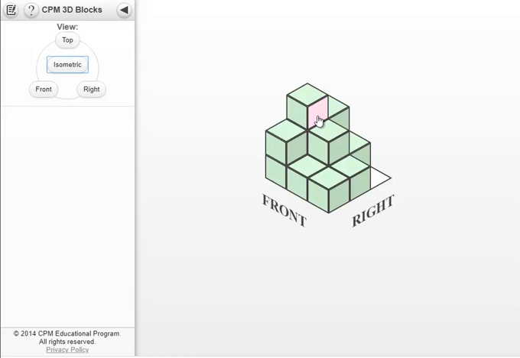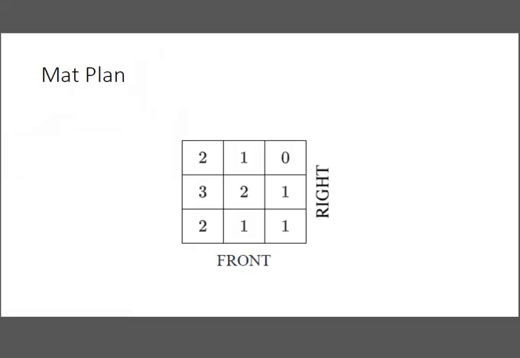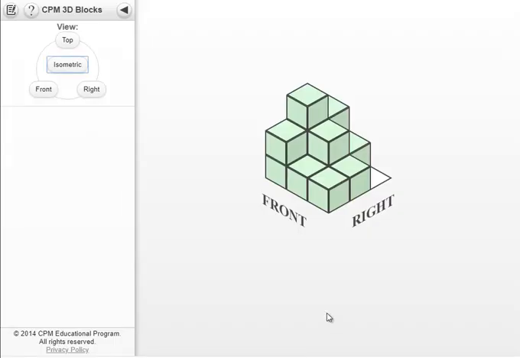So one way we can make this a little bit simpler is we can develop what is known as a map plan. A map plan takes a three-dimensional shape and pretty much puts it in top view, okay? If you think of what we were looking at three-dimensionally here, this was definitely a 3x3 grid, and there were blocks placed on top of each of those spots on that grid.